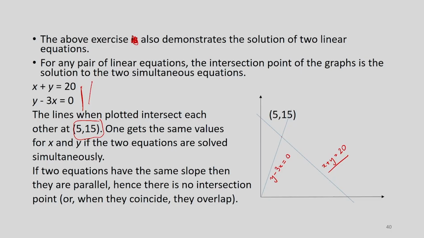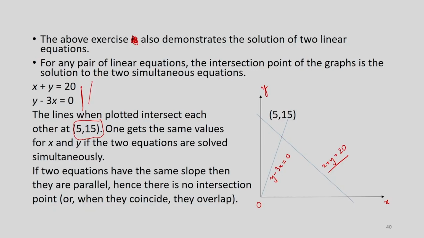And if you do not solve it mathematically, but just plot these two lines on a diagram, with this as the x axis and this as the y axis, you get these two blue lines and they intersect at some point, and you will find that the coordinates of this intersection point are (5, 15). If two equations have the same slope, then they are parallel, hence there is no intersection point.